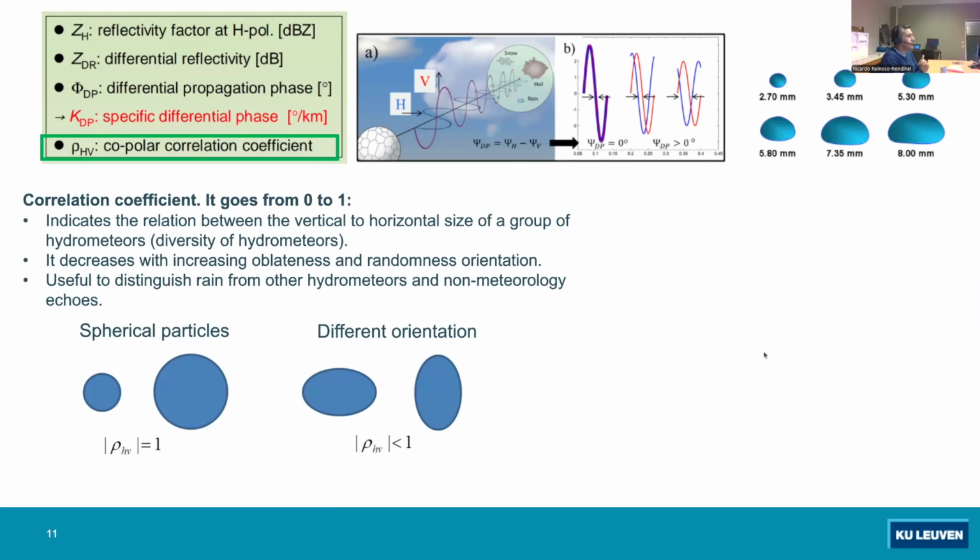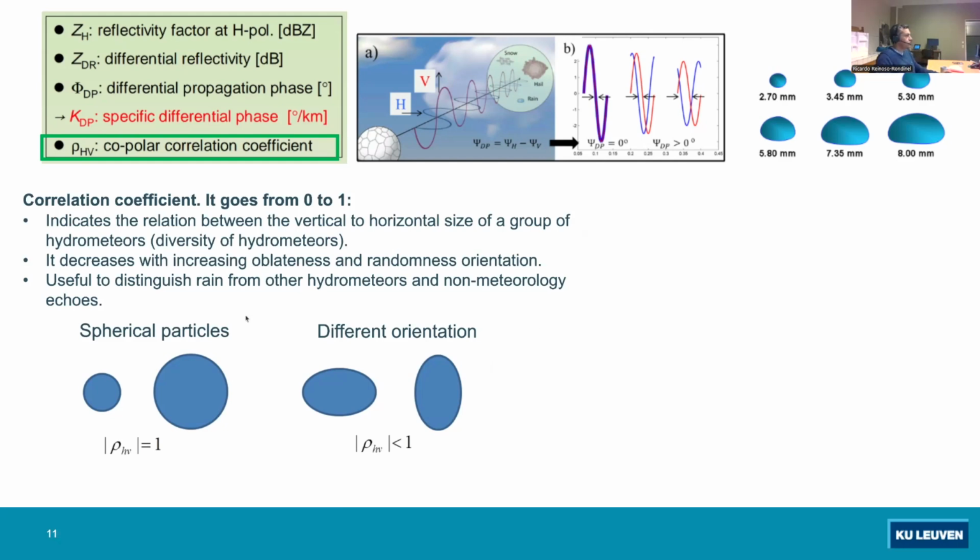It tells me a little bit about how diverse the particles are within a resolution volume or within an area. It decreases with increasing oblateness. So if it's spherical, you will have a very high correlation, values of 1, for example. When you increase the oblateness or the randomness of the orientation of the particles within an area, this correlation coefficient will also decrease.